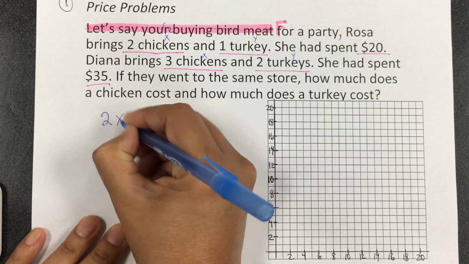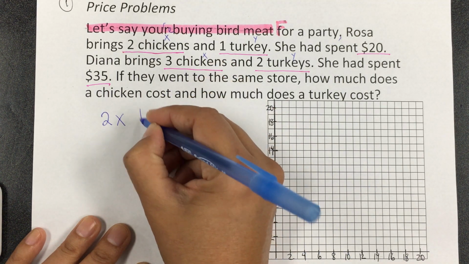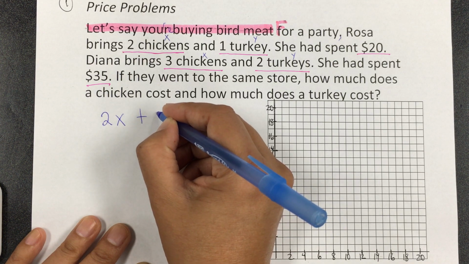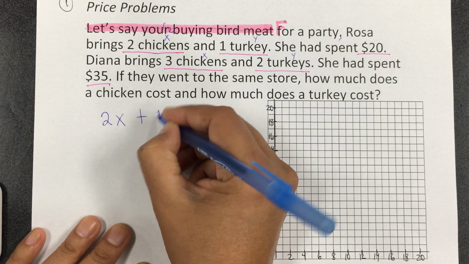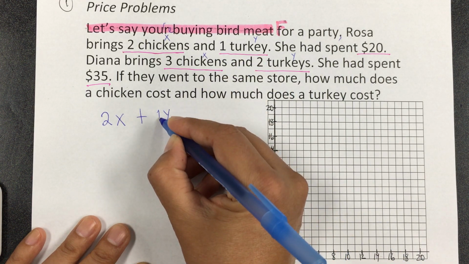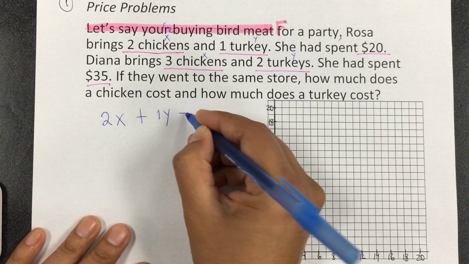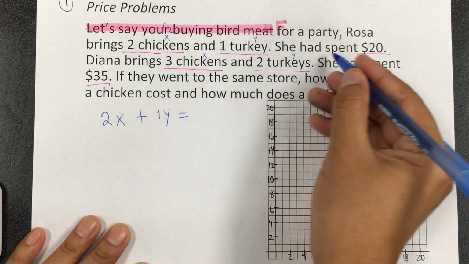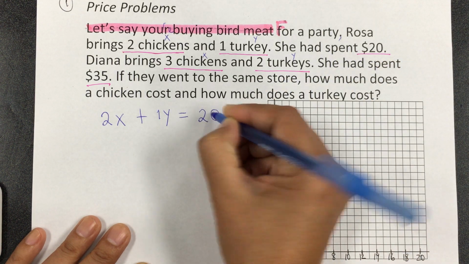So 2X plus 1Y, if you want to put the 1, we don't need to put it, but if you feel that you need to put that 1, the 1 represents the turkey and Y represents the price of the turkey. And the total price is 20.